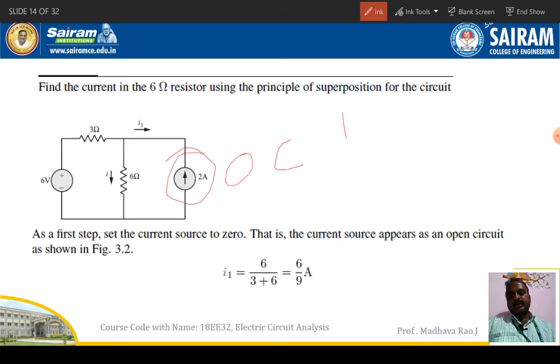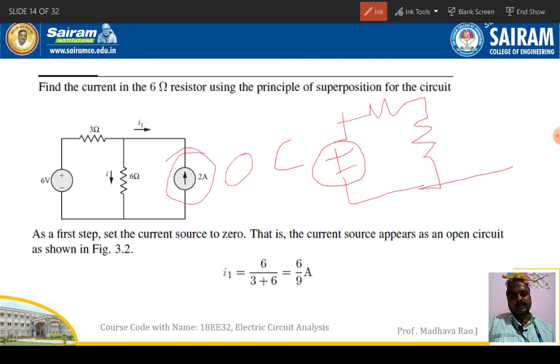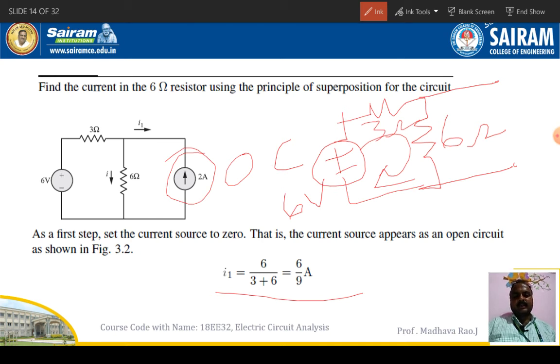Then the circuit will be like this: a 3 ohm resistor, the 6 volt source, and the 6 ohm resistor. So this is the circuit. Apply mesh analysis and find the current I1. This is case 1. The I1 current, the case 1 current, is 6 by 9 amperes.